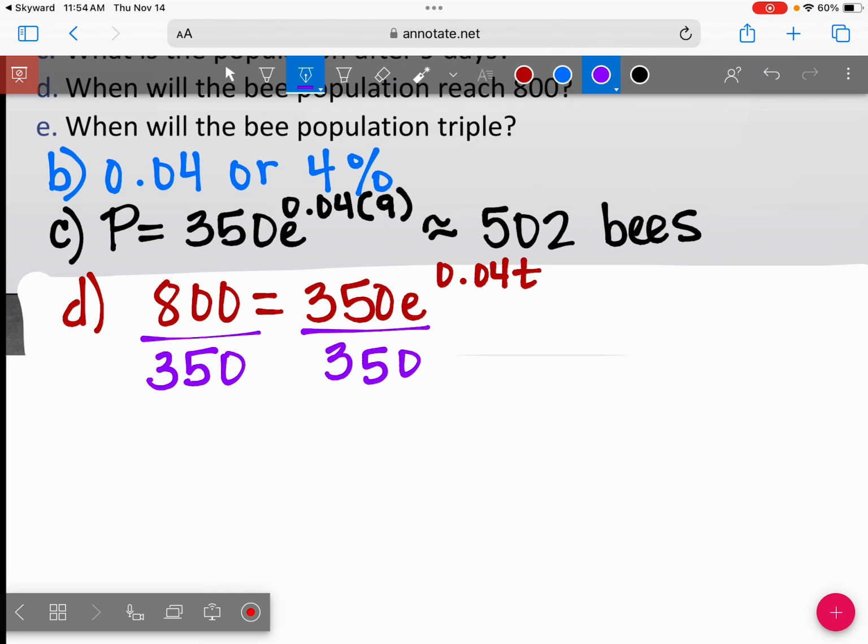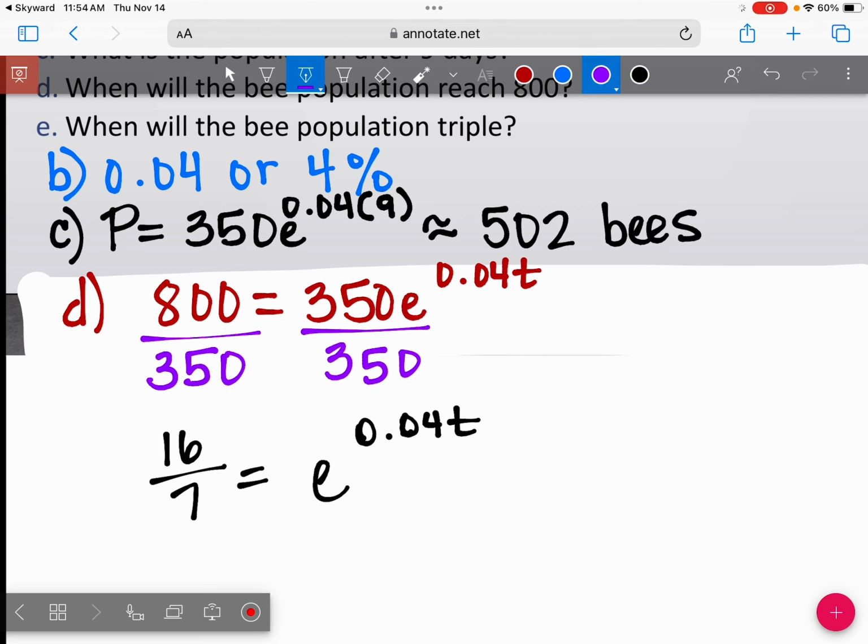Because I want to keep my answer exact, I'm not going to convert that to a decimal. I'm going to reduce it, but I'm not going to change it to a decimal just yet. That fraction reduces down to 16/7. You don't want to round until the end because that affects the accuracy of your answer. You can also just leave it as 800/350.